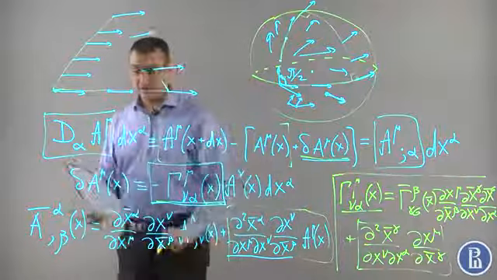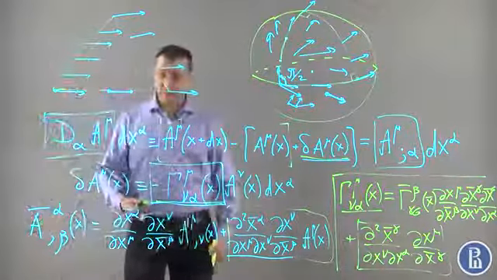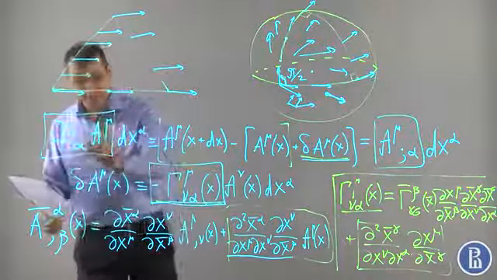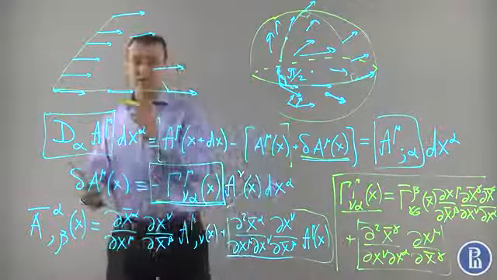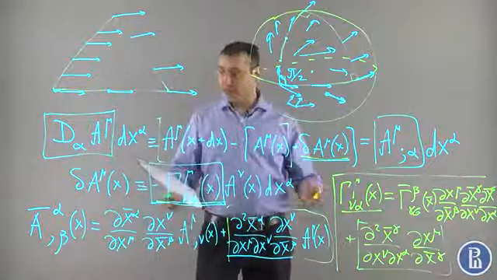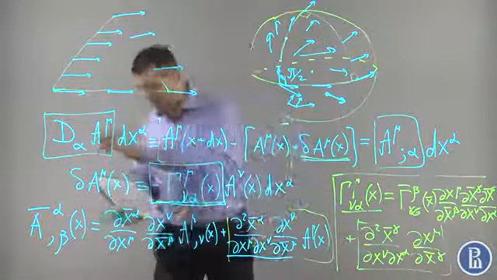As a result, this transforms as a tensor with two indices, meaning appropriately under coordinate transformations. That was the goal, to define the covariant derivative.